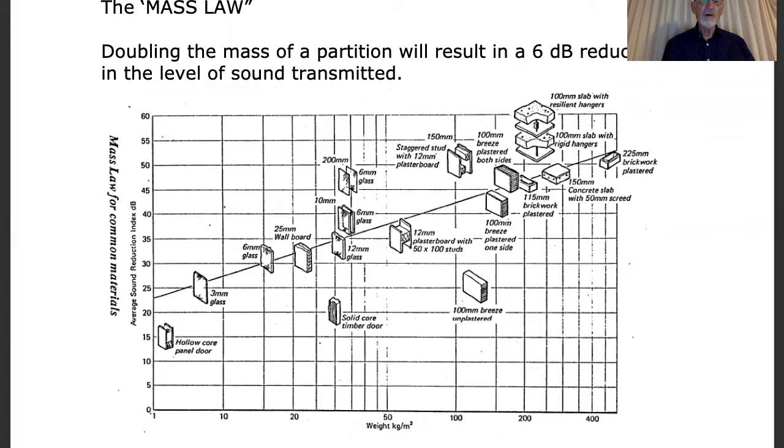In other words, if you had a sound level of 80 decibels in the room, you could expect 30 decibels in the next room, with a brick wall between the two. And down on the left-hand side, you can see that a glass window gives only about a 25 decibel reduction. It's directly related to the weight per unit area.